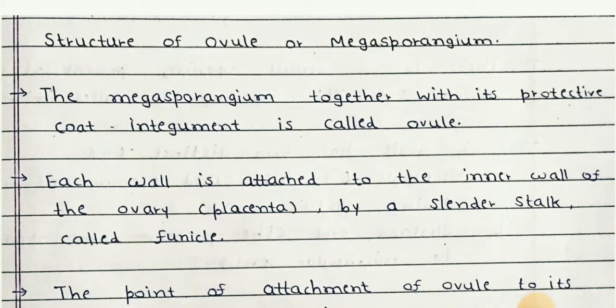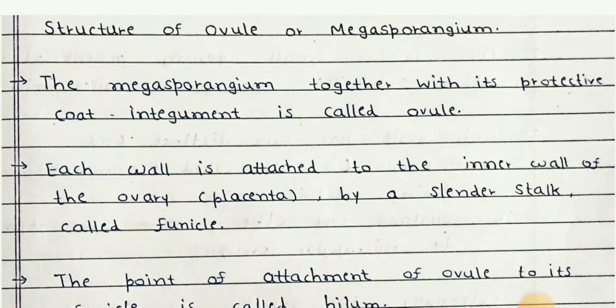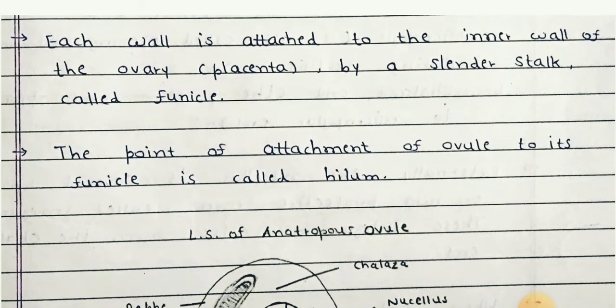Now let's study about the different structures present in the mature ovule. So first is funicle. What is funicle? Each ovule is attached to the inner wall of the ovary by a slender stalk-like structure.